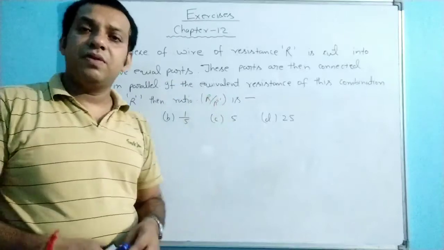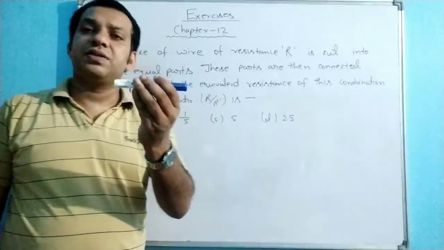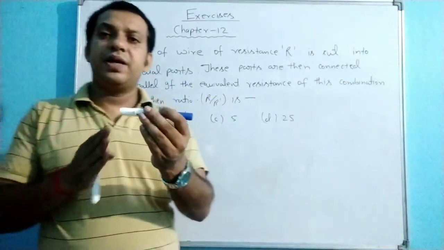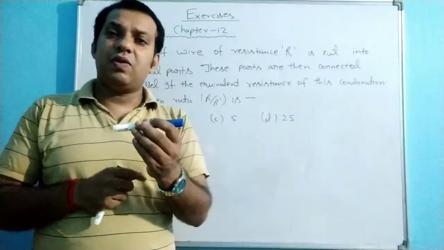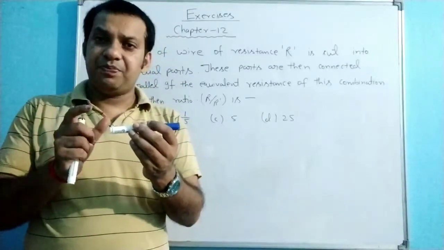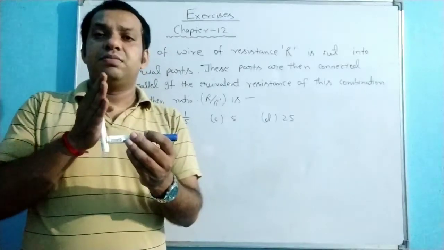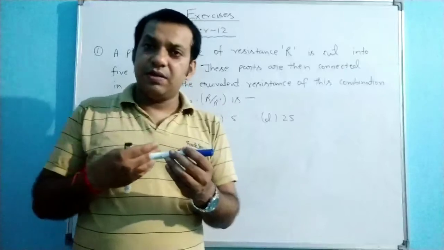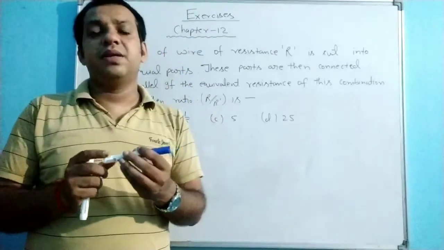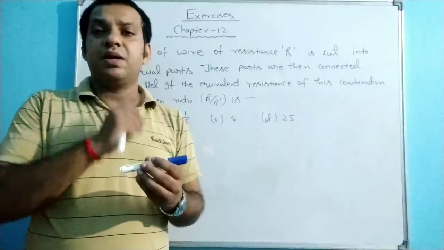Again, we have one wire. Suppose we have one wire of resistance R. And this wire is cut into 5 equal parts. That means what is the value of the resistance of each part? Because it is cut into equal parts, the resistance will divide equally. So each part has the resistance of R by 5.